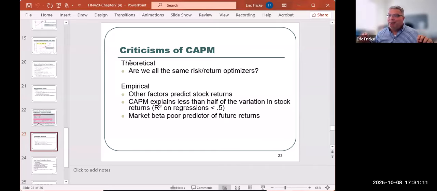You don't want to try to beat the market by using CAPM because CAPM assumes the market is the best guess we have, right? So that's kind of obvious. So CAPM isn't the greatest investment strategy to beat the market, but it's a darn good investment strategy to get the market average.